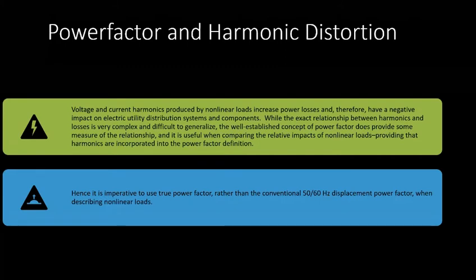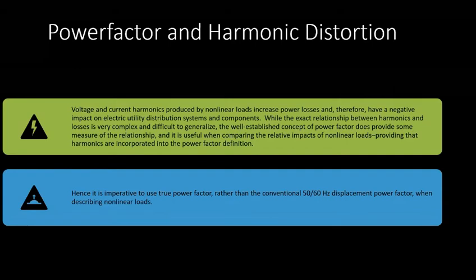And it is useful when comparing the relative impacts of nonlinear loads, providing that obviously harmonics are incorporated into the power factor definition. So power factor and harmonic distortion are intertwined. And one way to understand the level of harmonic distortion is by looking at the power factor figure.